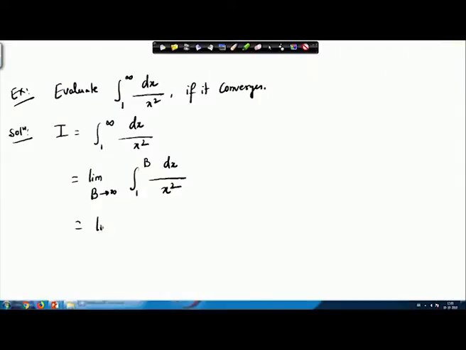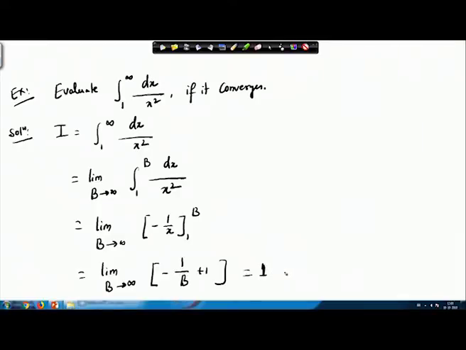If I integrate the integrand, then I will end up with minus 1 by x from 1 to b, which ultimately can be written as minus 1 by b plus 1. So, when b goes to infinity, 1 by b will go to 0, and therefore we will end up with 1, and this implies that our integral I is again convergent.